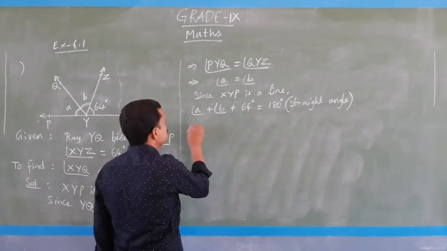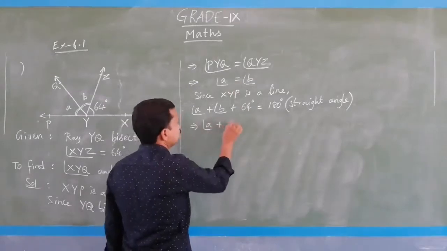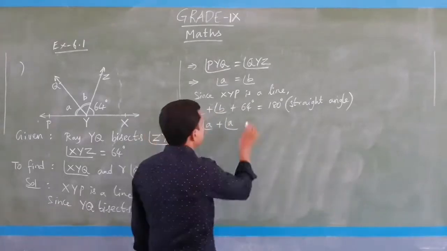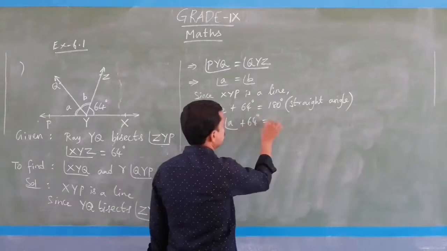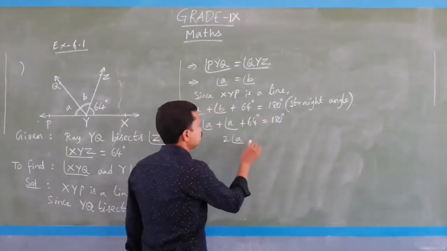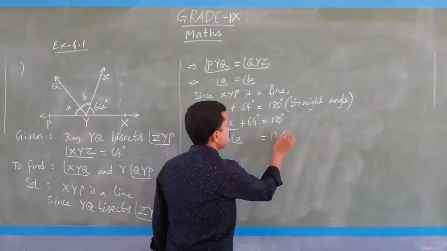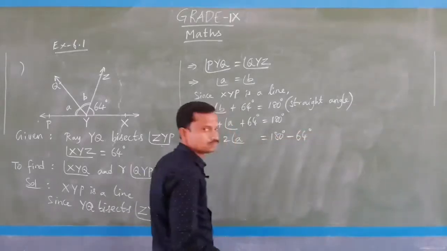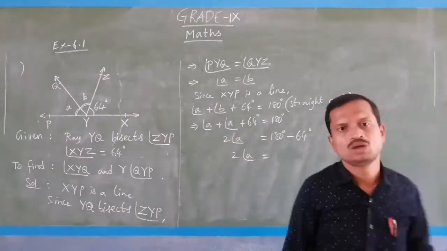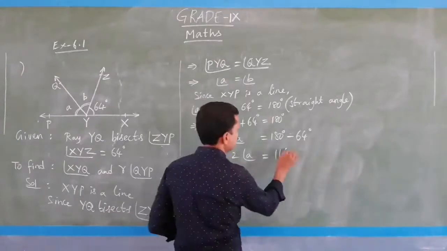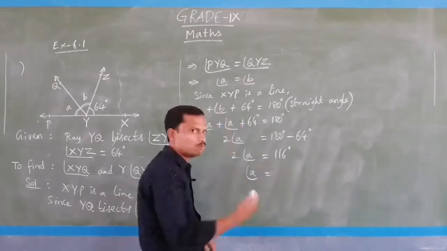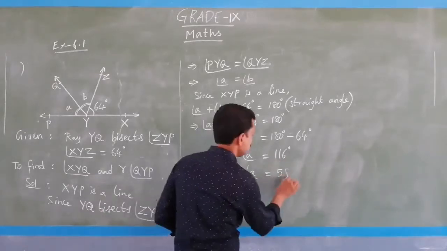This implies angle A plus A plus 64 is equal to 180 degree. So A plus A, 2 angle A, is equal to 180 degree minus 64 degree, that is 116 degree. So angle A equals 116 by 2, we get 58 degree.